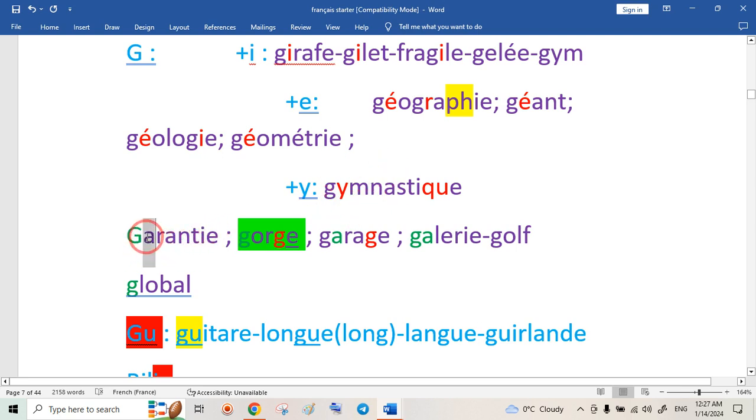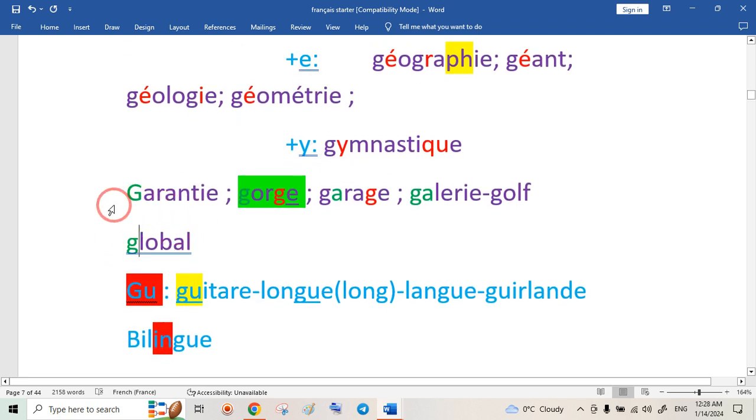But now, whenever after G you have other letters, not E, I, Y. When you have E, I, Y after G, you must pronounce it soft. But when you have other letters like A, O, U, at that time you must pronounce it hard G, like garantie, garantie.